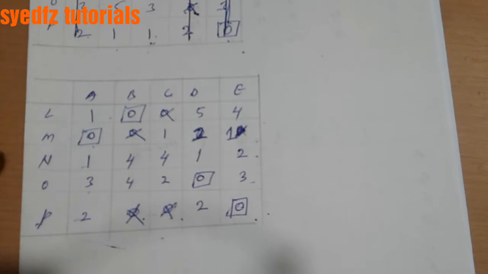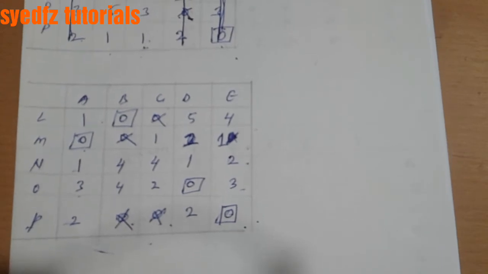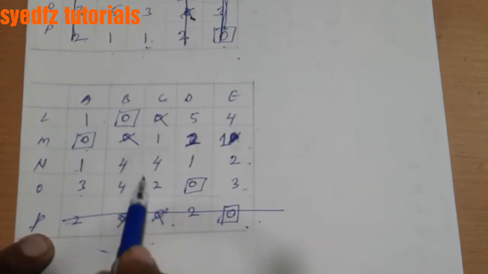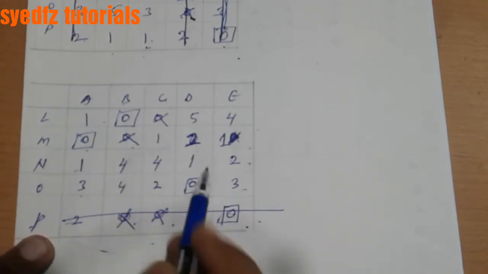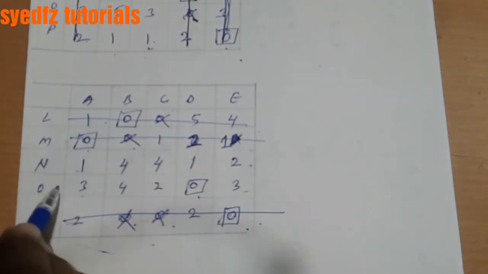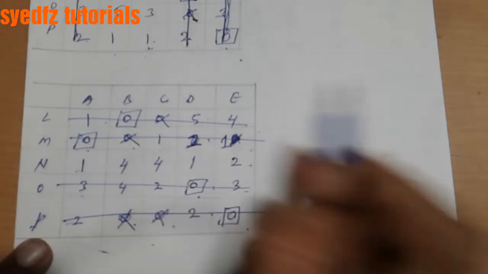Now take and cover the maximum zeros. There are 3 zeros, 2 zeros, 2 zeros, 1 zero. This is 2 zeros, this is 2 zeros, this is 1 zero I am covering. Okay, 1 2 3 4, again 4 lines.